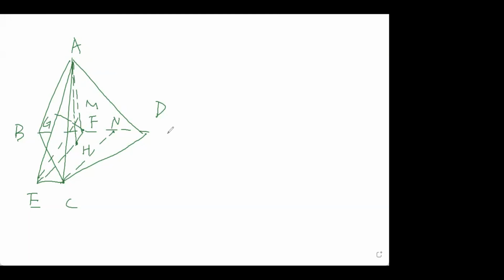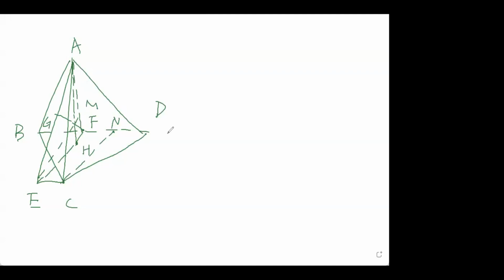Now we will consider the triangle AEF, and AH is the altitude on EF. The altitude on AE, which is FG, equals D, because D is the distance between AC and BD, which is just FG, and EM is the distance from C to the plane ABD.